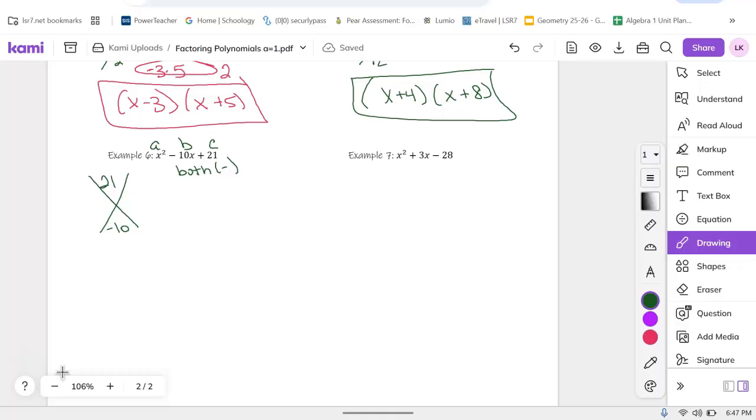So to get 21, I have 1 times 21, and 3 times 7, and I said they're both negative. So negative 1 times negative 21, negative 3 times negative 7. That's going to be negative 22 when I add, and negative 10. So it's going to be this one right here. So I have x minus 3, x minus 7.